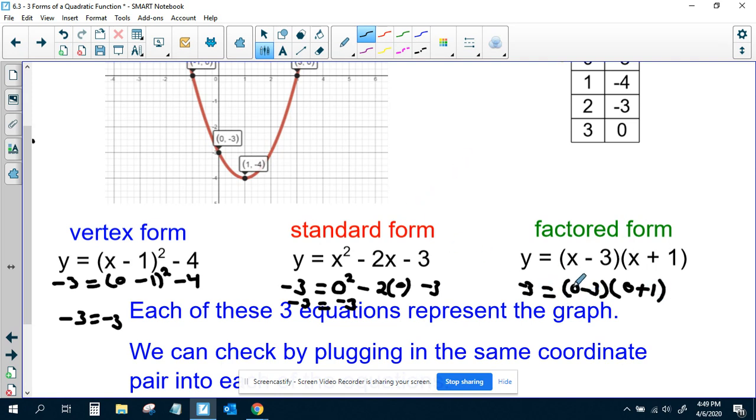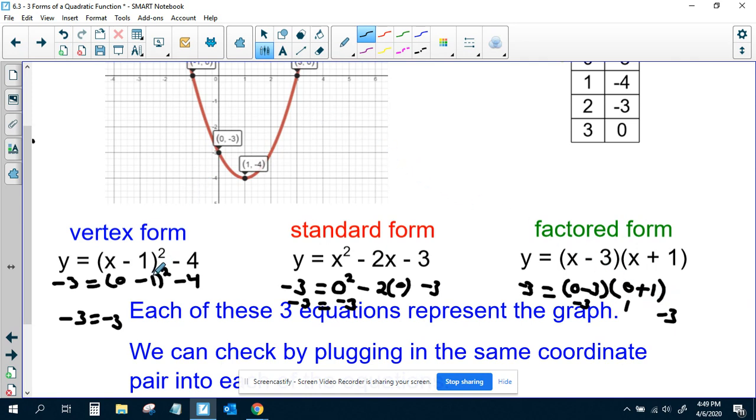On the right-hand side, 0 minus 3 is negative 3. And 0 plus 1 is 1. So we're going to multiply here. Negative 3 times 1 gives us a negative 3. So on the left-hand side, we have negative 3. On the right-hand side, we have negative 3.